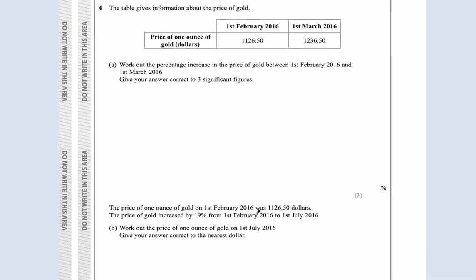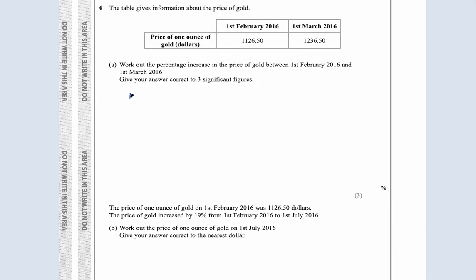Question 4. The table gives information about the price of gold. So on the 1st of February 2016 it was this, 1st of March it was this. Work out the percentage increase in the price of gold between February and March. Give your answer to 3 significant figures.